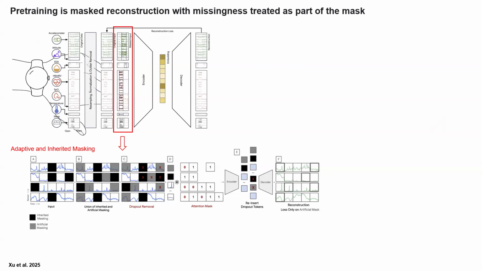Did they just input the dropout mask, or how do they reinsert it? For decoding, they reinsert those dropout tokens so that the model has the information of the previous masks.